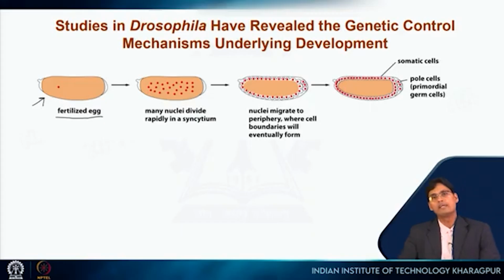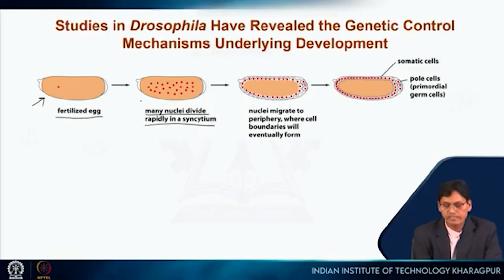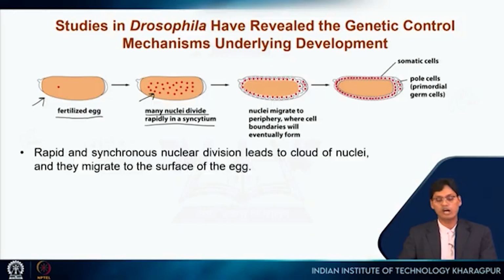Now the beauty here is, just after fertilization this cell will first not divide. Actually the nucleus will divide very rapidly and we will get a cloud of nuclei. So as you can see, there are many nuclei inside this zygote. It's already a fertilized egg, so you will get a cloud of nuclei inside.